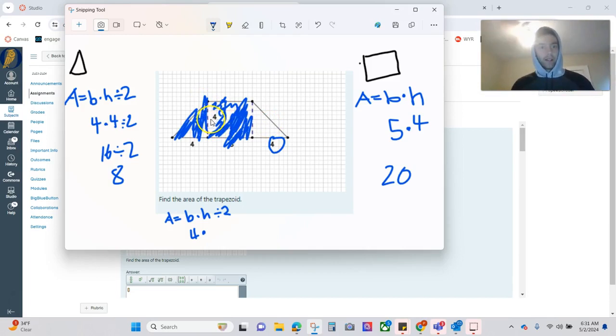I think so. The height is still 4, because this line is the same distance, the same length as this line. They're both 4, because it's measured along 2 parallel lines. So the base is 4, the height is 4. 4 times 4 is 16, and 16 divided by 2 is 8.